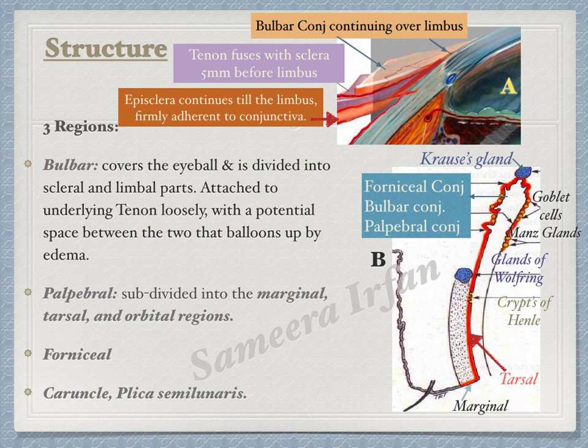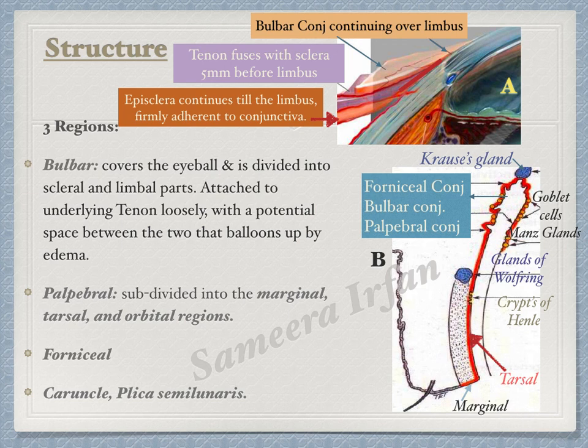The sclera is covered by Tenon, which is a thin fascial envelope containing the extraocular muscles and allowing their smooth excursion along the globe. Tenon surrounds the eyeball and separates it from the orbital fat.